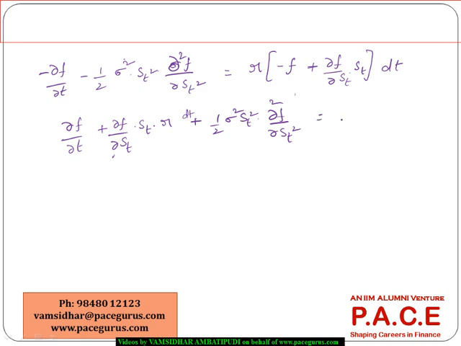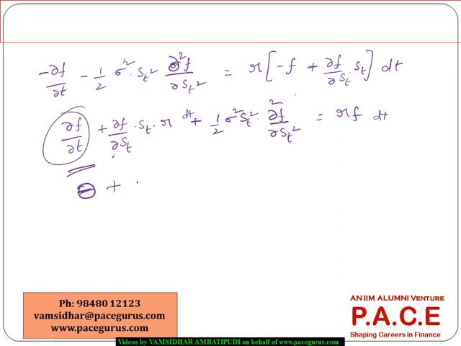This entire thing is becoming equal to rf dt. So this is where I'm able to operate out saying this particular dou f by dou t actually is called as theta, the change in the value of the option with respect to time called as theta.